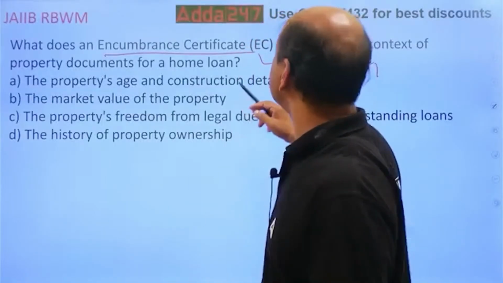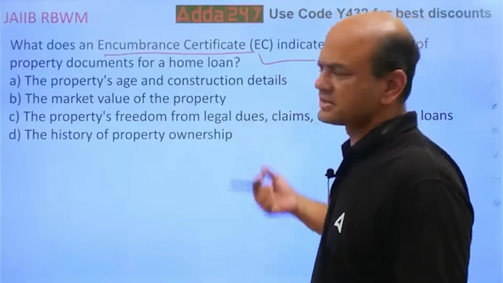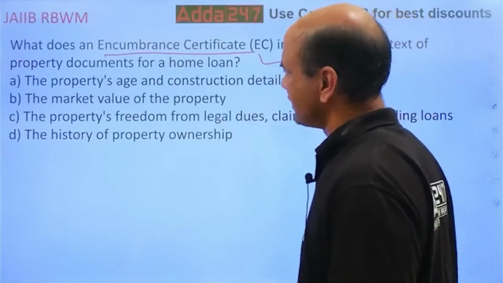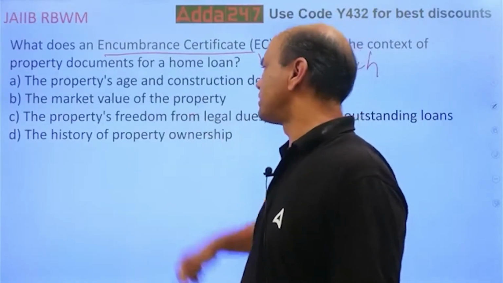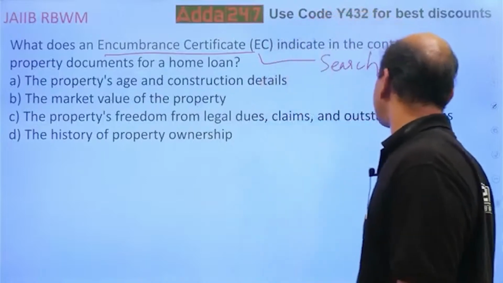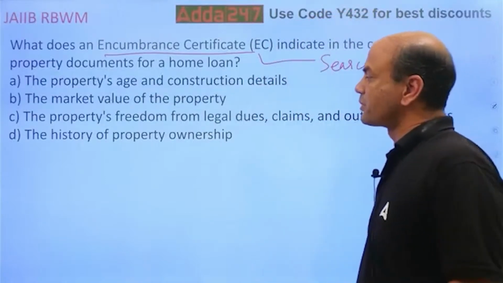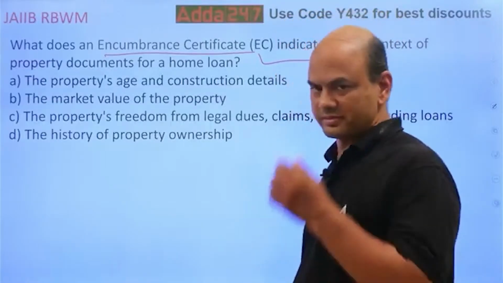What does this search report or encumbrance certificate signify? The property's age and construction, the market value of the property, freedom from legal dues, claims and outstanding loans, or the history of property ownership?